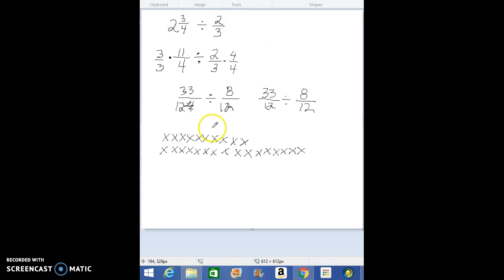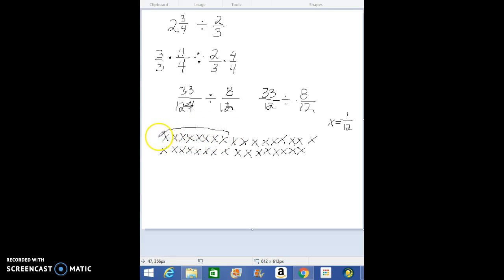All right, so you can see I've already drawn most of my x's. We need to get a few more in here to get 33. All right, I think I've got them now. So each x is a 12th. That happens to be our size of pieces. And I want to know how many groups of 8 twelfths I can make. So 1, 2, 3, 4, 5, 6, 7, 8.